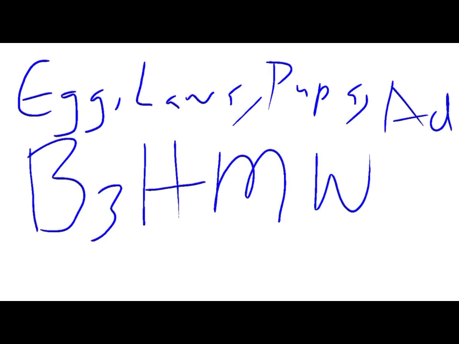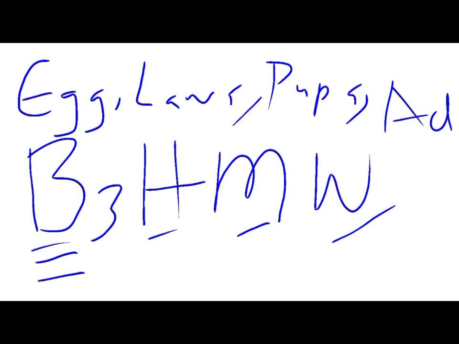The first B here is beetle, the second B butterfly, and the last B is bees. H is housefly, M is mosquito, and W is wasps. So all these six types of insects pass through what we can refer to as complete metamorphosis.